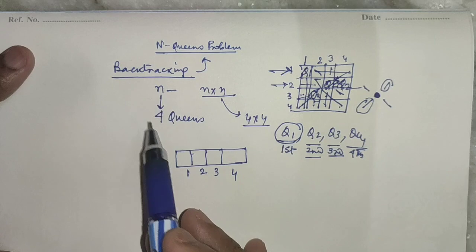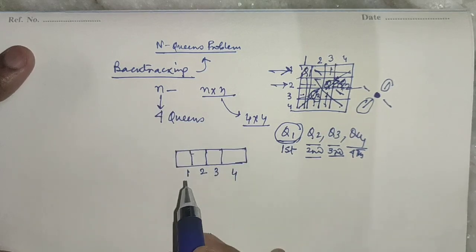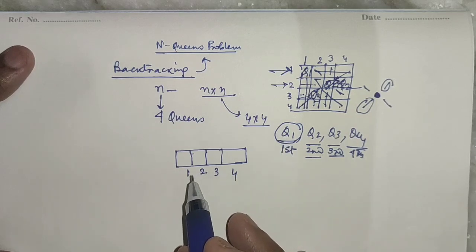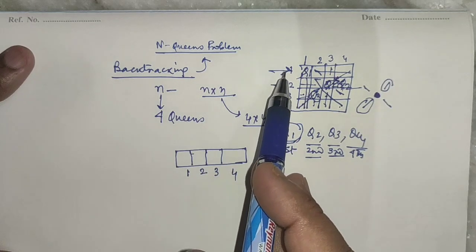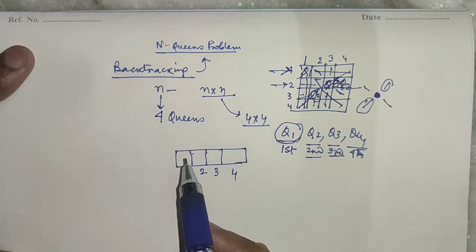Here we are dealing with the 4 queens problem, so the length of the solution vector will be 4. The index is the number of the queen, index 1 for queen 1. Similarly, this index implies the row number in the chessboard. And under this particular cell, whatever entry you put is the appropriate column number for that queen.